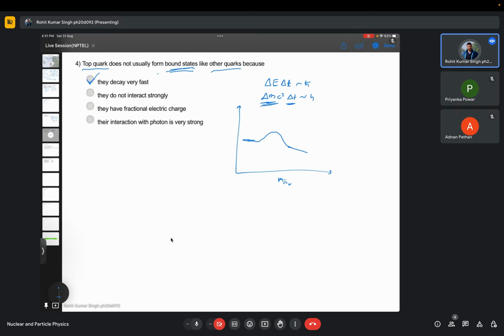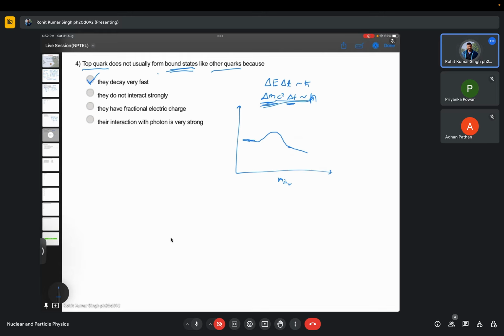When it gets formed, it's so massive that because of this uncertainty principle, it exists for a very short amount of time before it decays. So that is the basic reason.